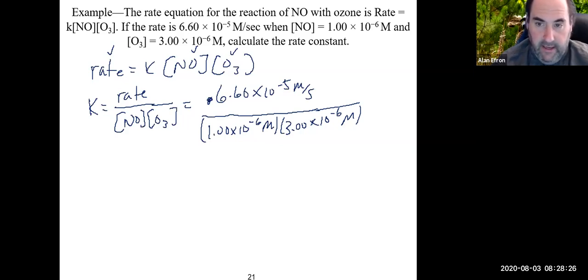Looks like we get 2.20 times 10 to the 7.